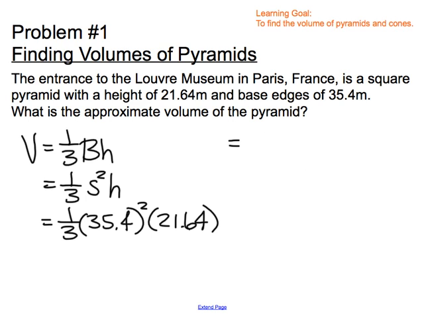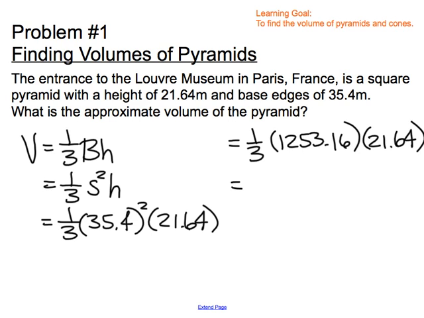Okay, so let's simplify this a little bit. We have 1/3. 35.4 squared is 1,253.16, and we're going to multiply that by 21.64. Continuing to simplify, multiplying these two numbers together, we get 27,118.3824.